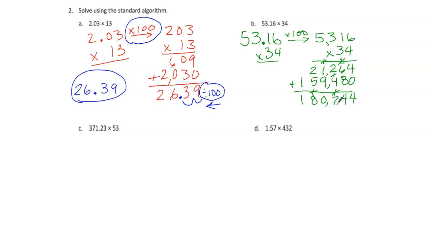So we have our answer. We could call this 180,744 hundredths, or we could rename it and put it as 1,807 and 44 hundredths. So same digits.